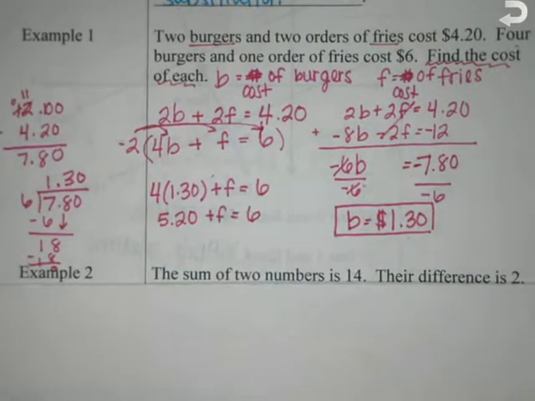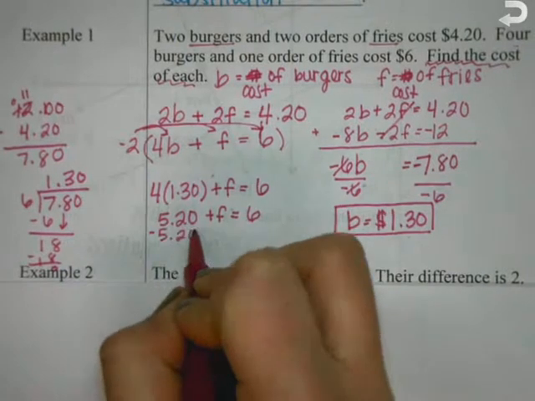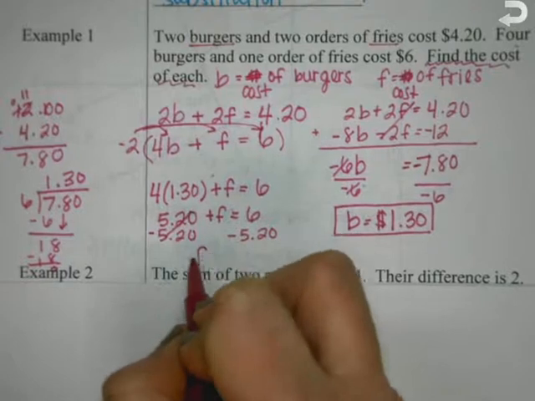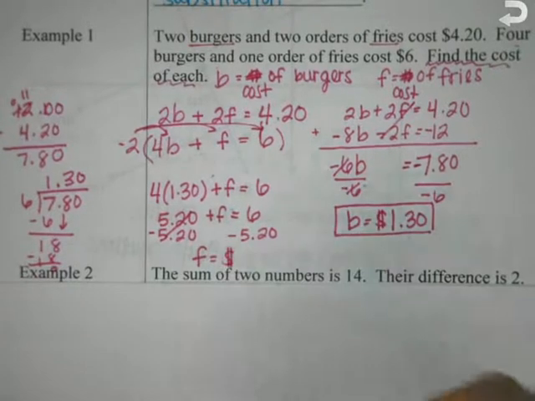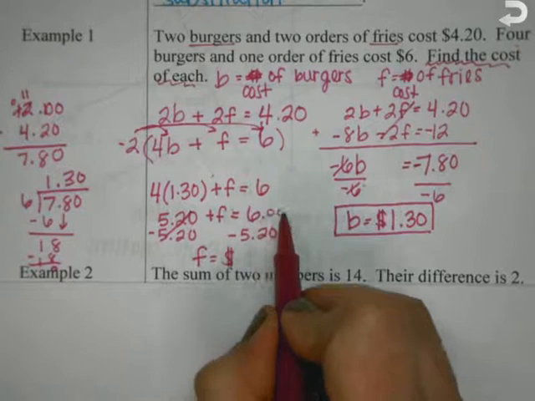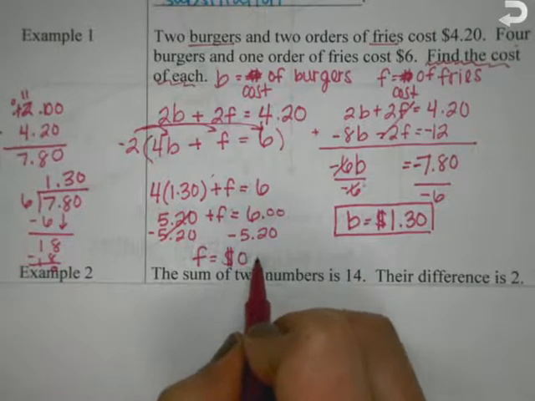Subtract 5.20 from both sides. So f equals, this is $6. Not even a dollar. 80 cents, right? Sorry, because you have to borrow.